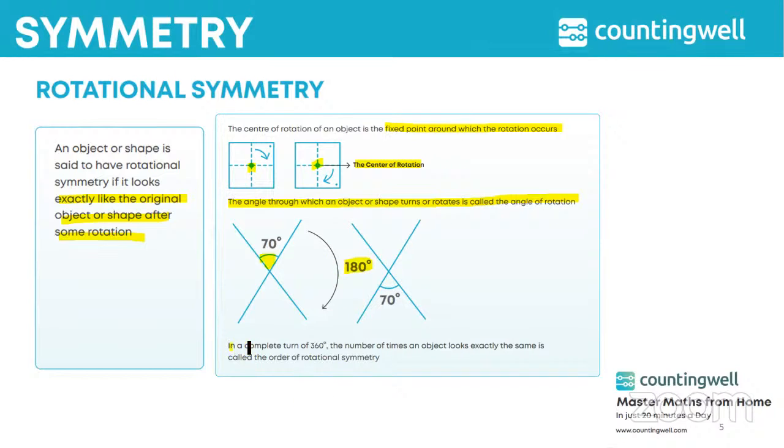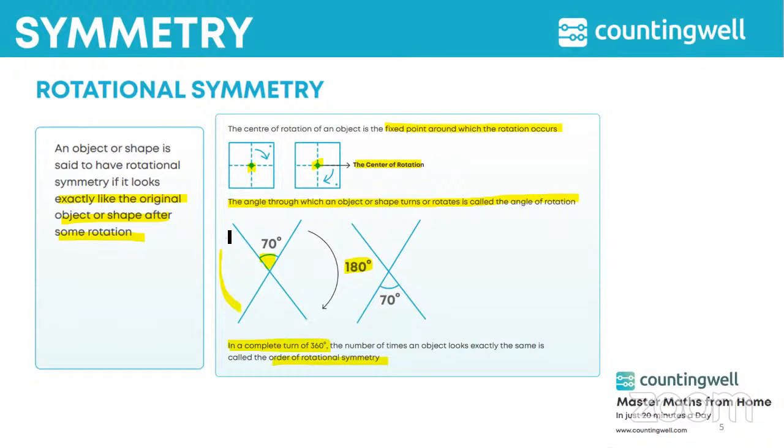When the object is turned completely by 360 degrees, the number of times an object looks exactly the same is called the order of rotation. So if we rotate this object by 180 degrees, we get the object looking exactly the same.